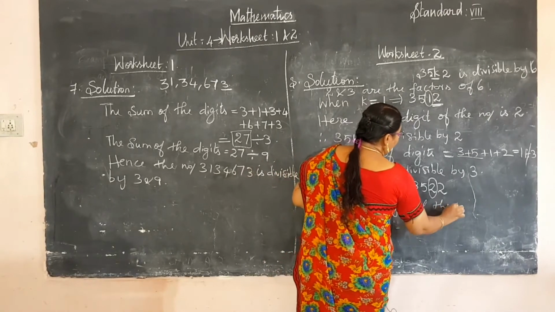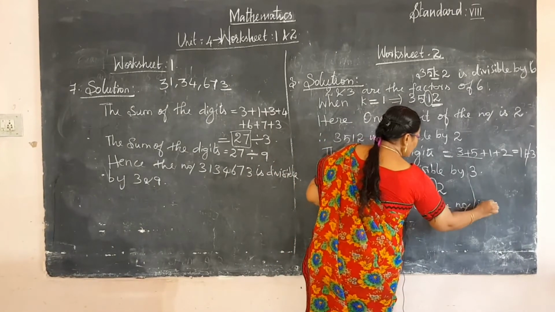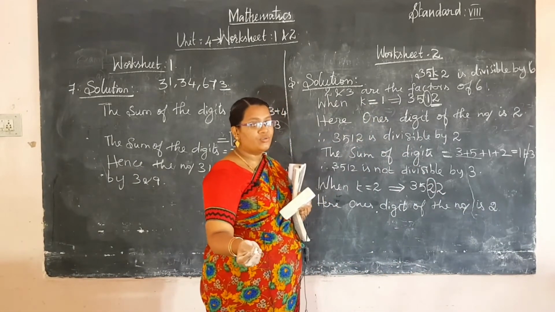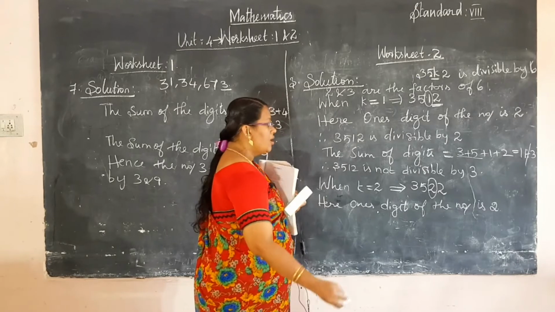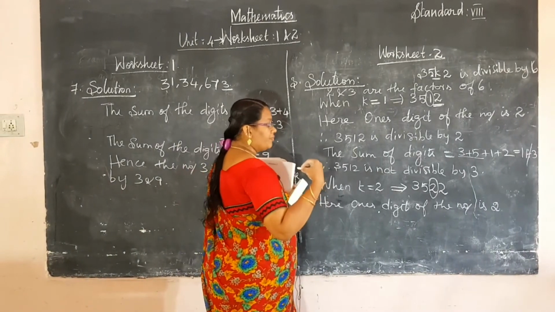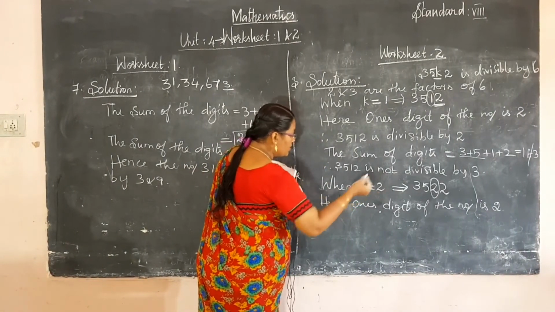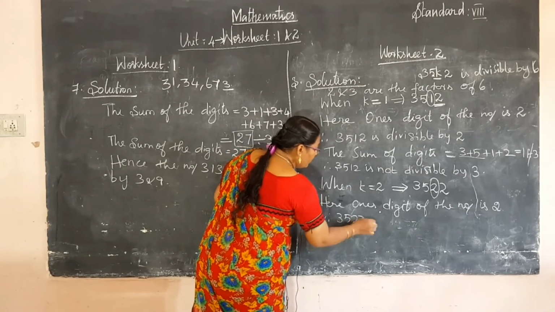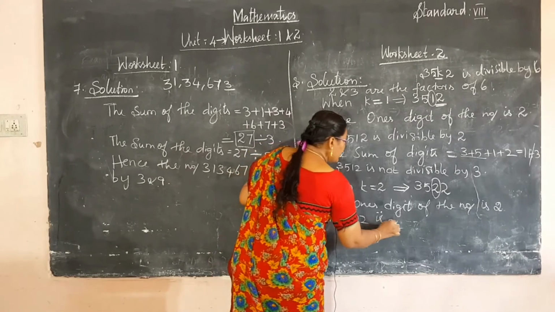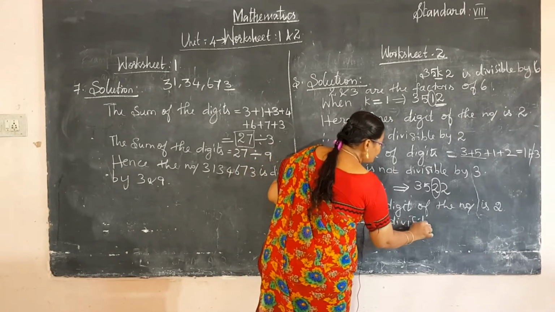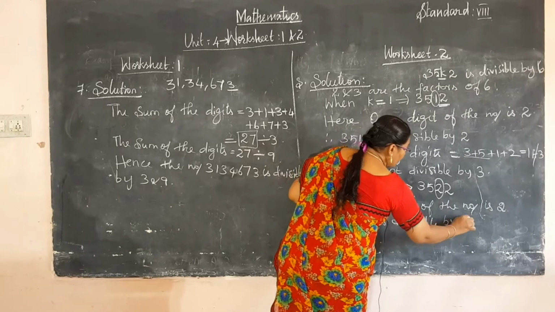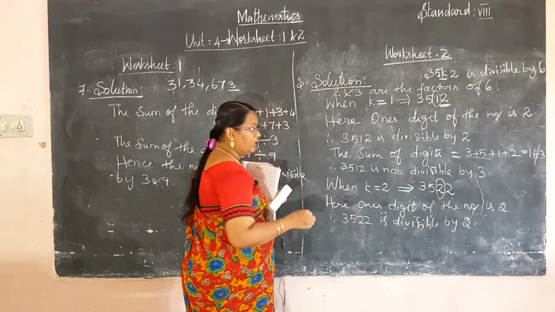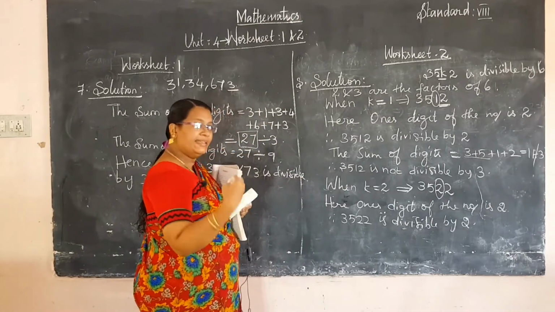The rule of 2 is that the one's digit is 0, 2, 4, 6, 8. So the one's digit is 2. Therefore 3522 is divisible by 2.